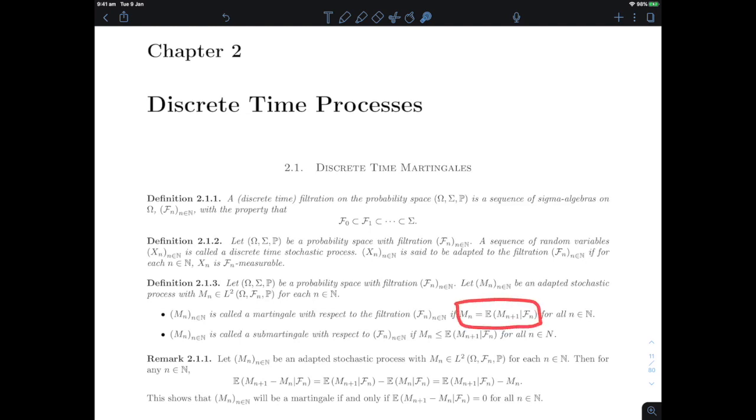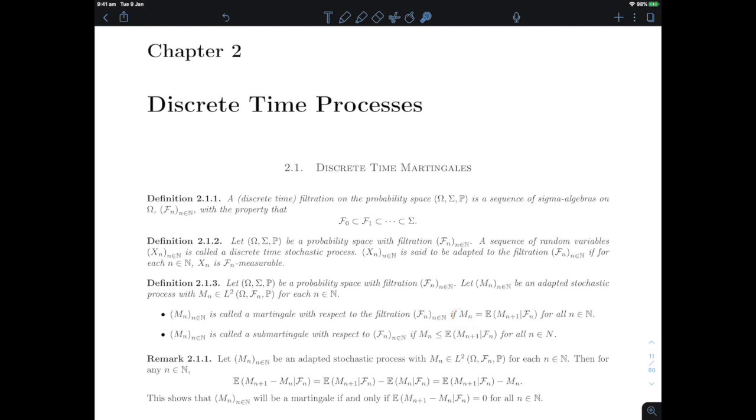You're a martingale with respect to a certain filtration if you're adapted and you satisfy this property. When you take the conditional expectation of Mn plus 1 given Fn, you have a variable that is Fn plus 1 measurable, and you force it to become Fn measurable. You take the projection down to the subspace of Fn measurable L2 functions, and then you get back Mn.